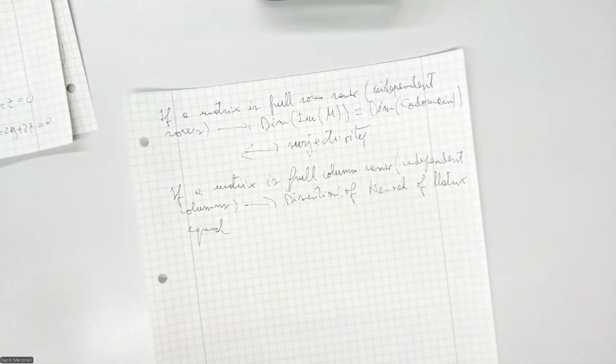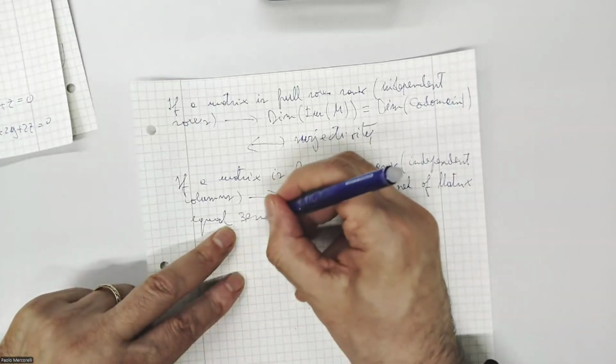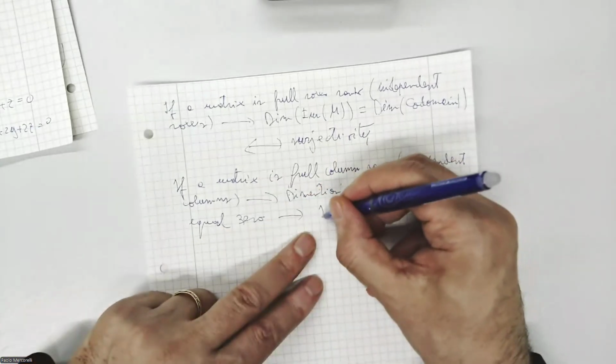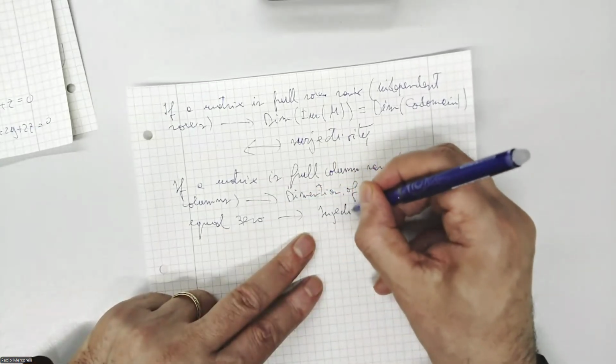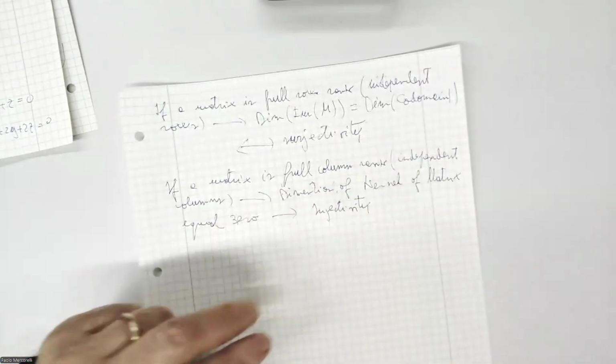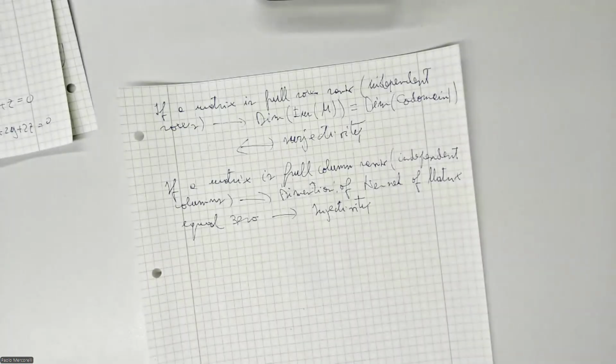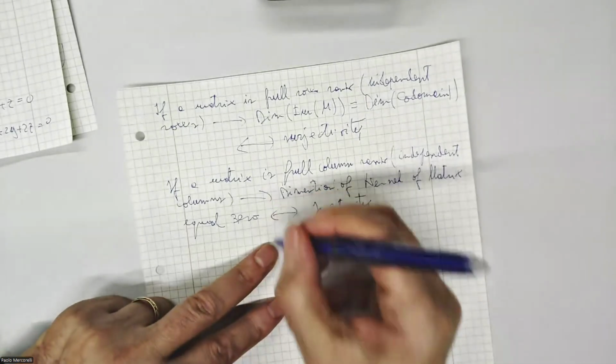This means just a zero inside. No? This implies injectivity. And vice versa. The theorem was if and only if.